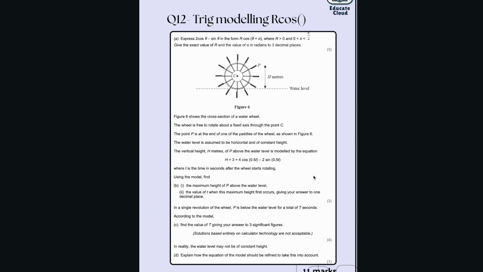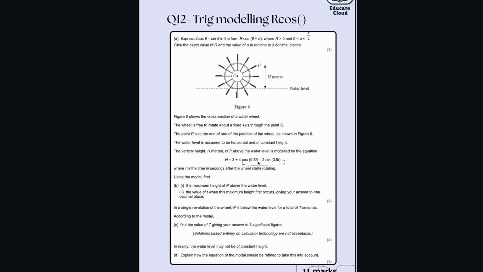Now for the second part, where t is the time after the point at the end of the paddles is shown. The water level is assumed to be horizontal and at constant height. Using the model, find the max height. So the max height occurs when this part is equal to 1, because the cos curve's highest point is 1.